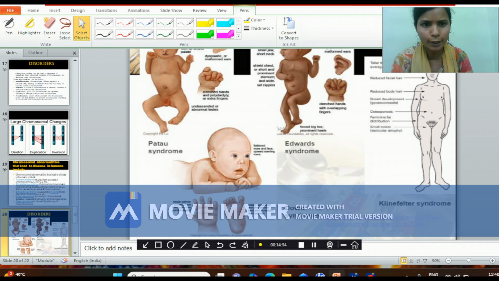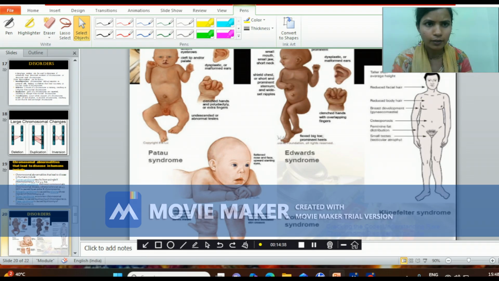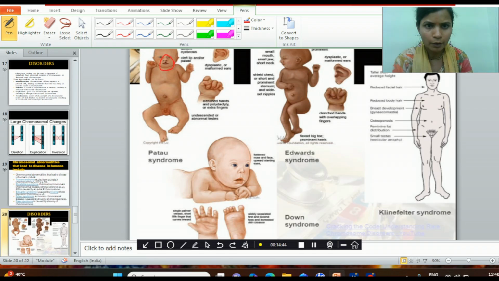You can see here, in Patau syndrome there is a cleft on the mouth. In Edwards syndrome, you can see malformed ears. In Patau syndrome, there is an extra finger also.